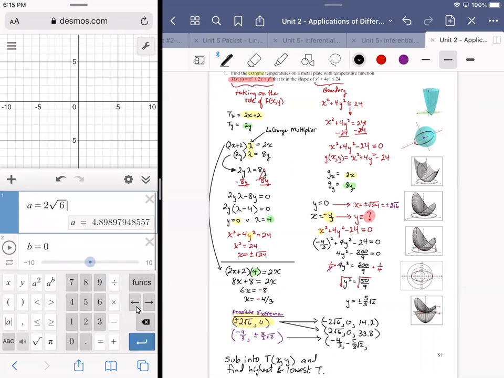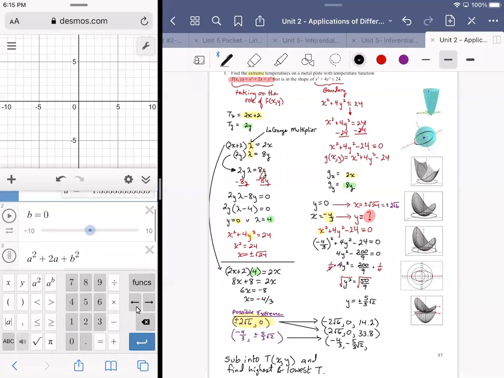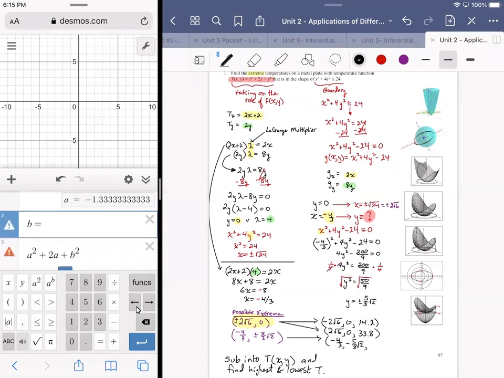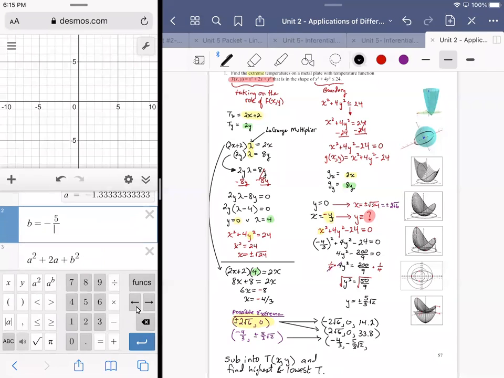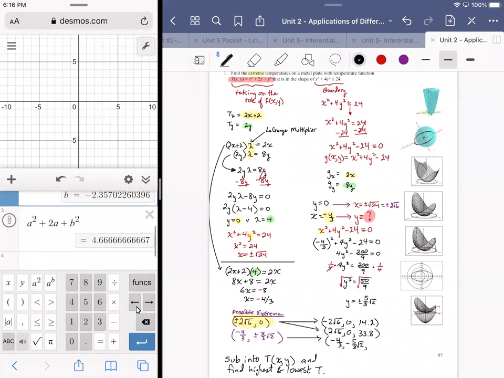So negative 4/3 and then negative 5/3 radical 2. All right, so those are decimal equivalents, and this corresponds to 4 2/3. I'll just write 4 2/3. I was going to write 4.7, but I had to change the order at the last second.